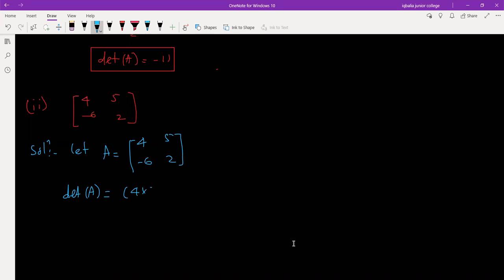So that will be 4 into 2 minus minus 6 into 5. 4 into 2 is 8, and minus minus 6 into 5 is 30. So minus minus will be positive, and we get 30. So determinant A will be 38.